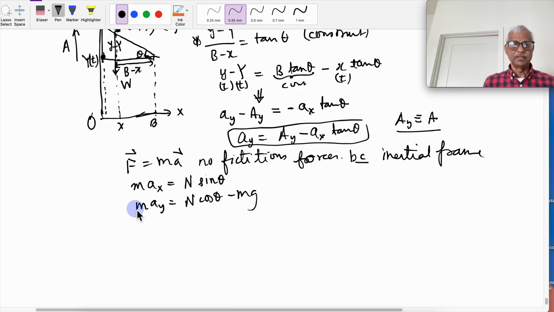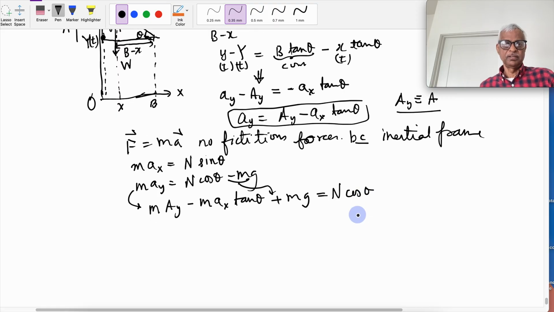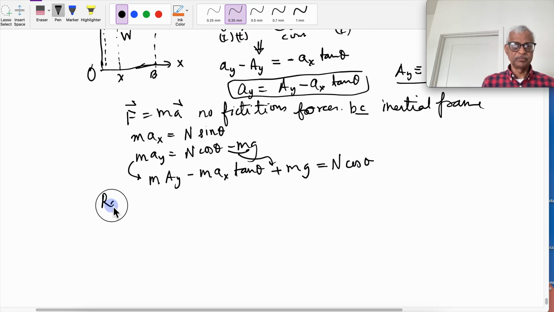So this becomes M AY minus MAX tangent theta, and then bring this on the other side plus mg cos N cosine theta. Take a ratio.